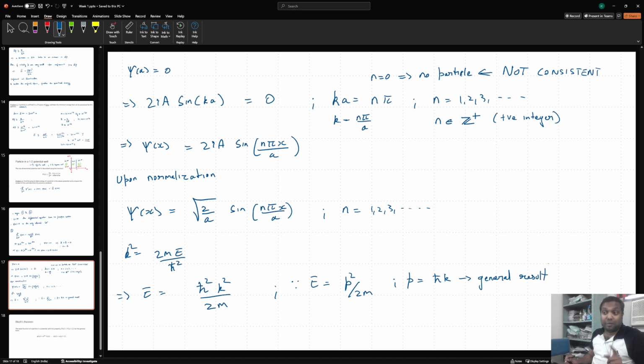However, remember, I cannot get the exact value of the momentum for this wave function through this expression. If I'm given a wave function with a k value, and mind you, the k value has to be unique, I cannot use this and say what the momentum of the particle is going to be.